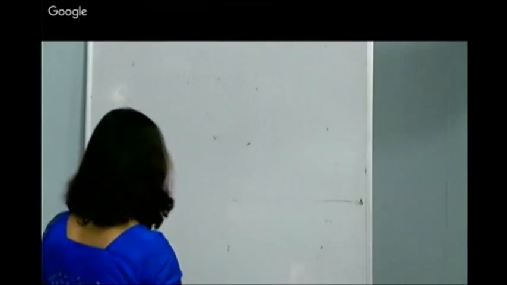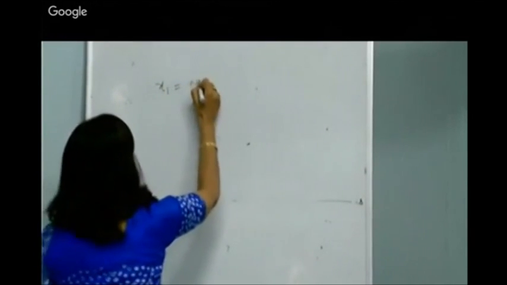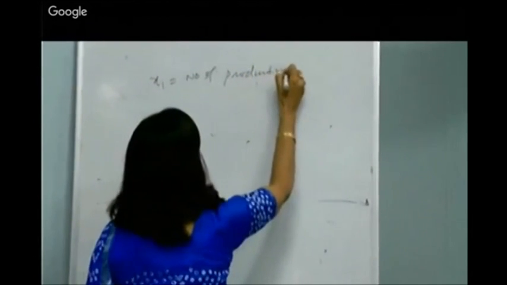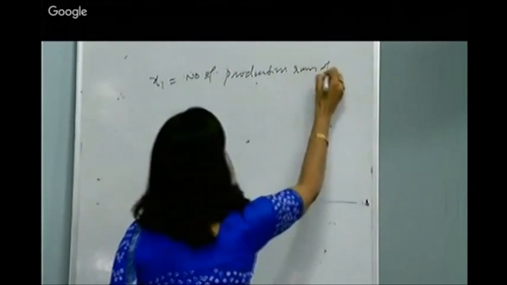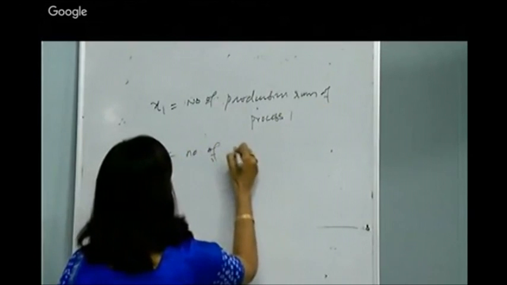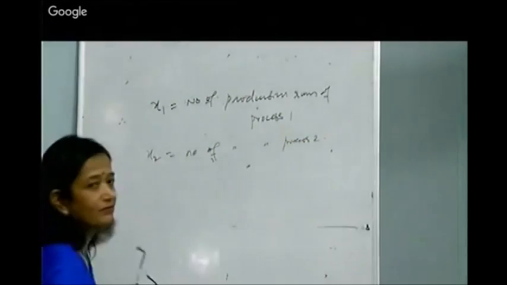Let's write x1 as the number of production runs of process 1, and x2 as the number of production runs of process 2. Can we formulate the problem now?